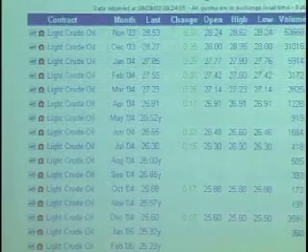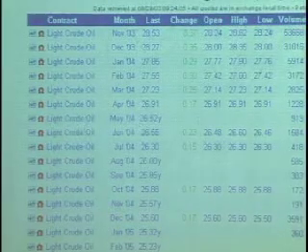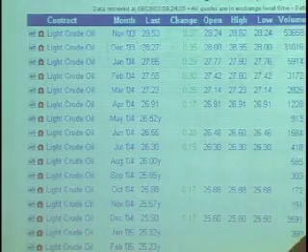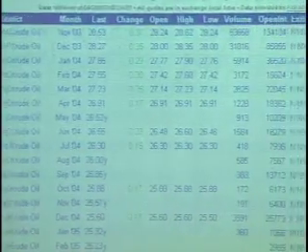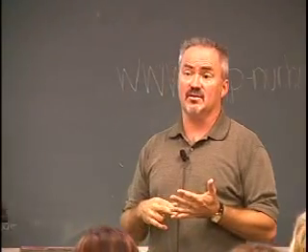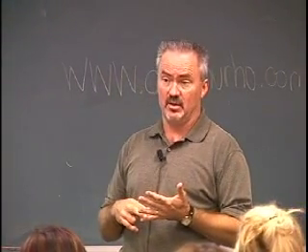In other words, if you buy a crude oil contract and you wait until the delivery month and you, quote, stand for delivery, you will receive 1,000 barrels of crude oil. Each barrel is about 42 gallons, so 42,000 gallons of crude oil.